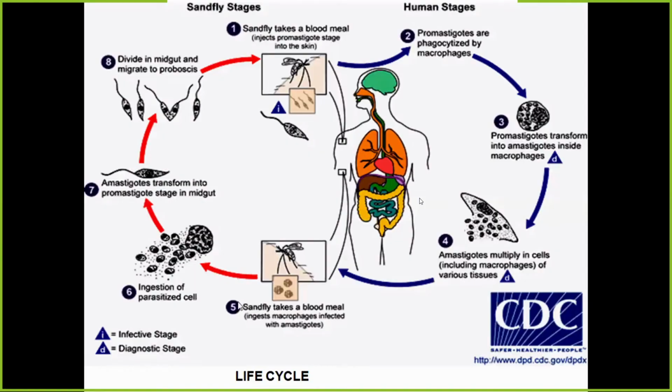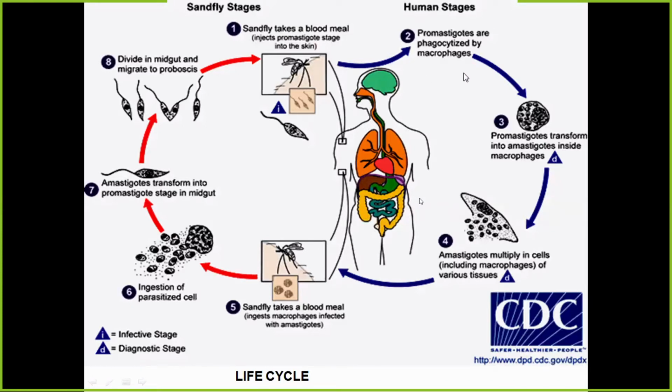Okay, so this is the life cycle of leishmaniasis. Initially, the infected sandfly bites the person, then it injects the promastigotes, right?